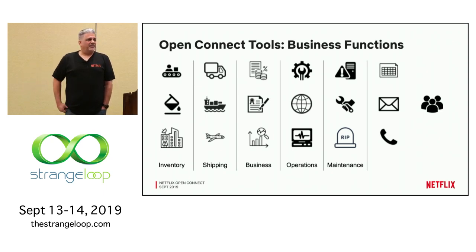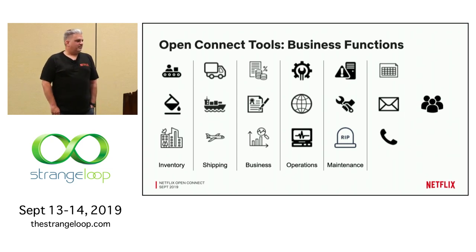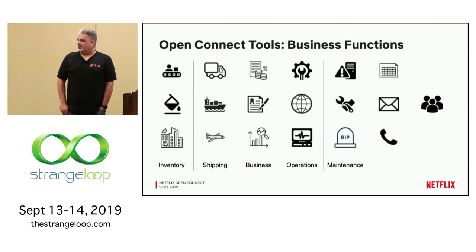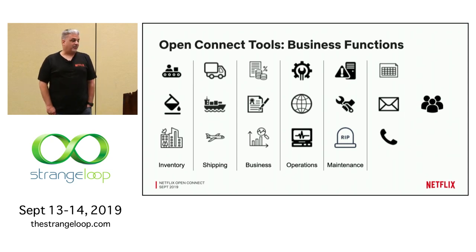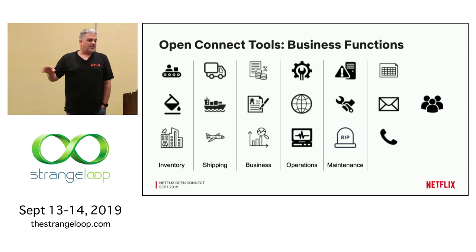Software is never short-lived, so someone hacked together a prototype of something. We're only going to use it a couple times, and 3 years later, you're still trying to get rid of it. Always fun. And then just a lot of manual processes of email back and forth between different groups and between partners, actual phone calls, which are even worse to try to track down, like what actually happened on this call, who actually committed to what action item, what's happening. There's not a lot of insight into those types of things.